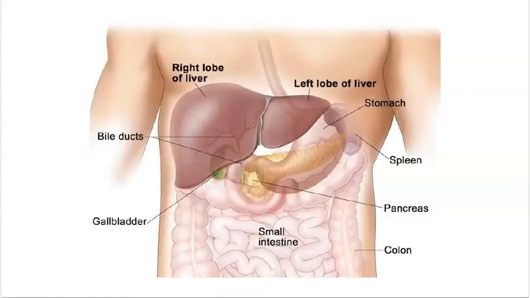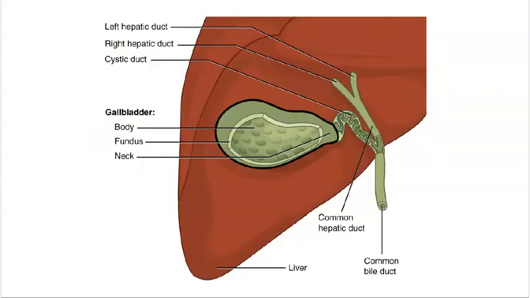So I'm trying to pick out the parts where I know Parca asks a lot of questions. Like on this slide, they don't generally ask a lot of questions about the liver or the gallbladder. In fact, I've never seen a gallbladder question on the Parca exam, so I don't spend a lot of time on the gallbladder or really anything on this slide. There's just not a lot of questions coming off of this part of the anatomy.